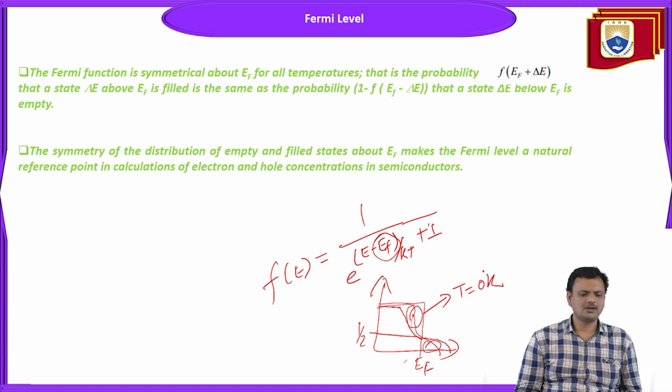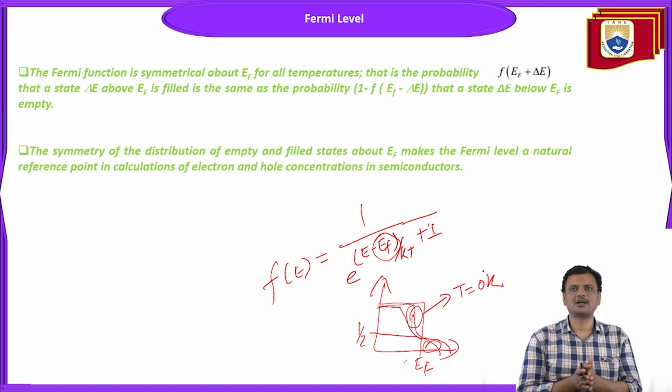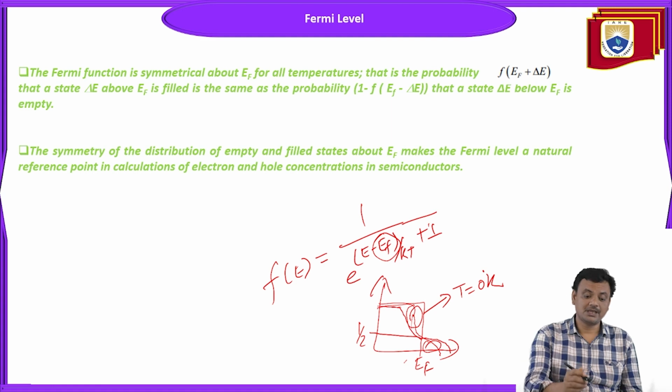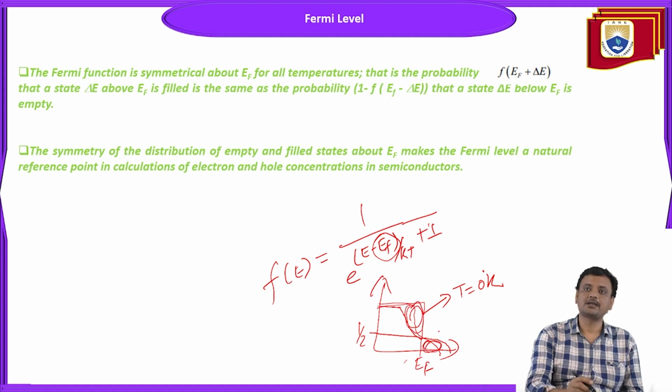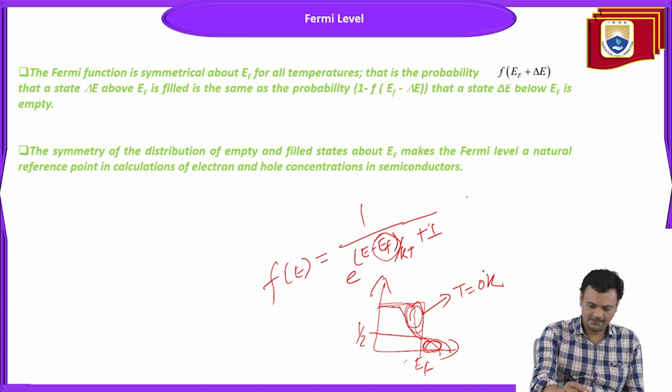So the symmetry of the distribution of empty and filled states about EF makes the Fermi level a natural reference point in the calculation of electron and hole concentration in a semiconductor. Based on this area and this probability, you can calculate the carrier concentration.